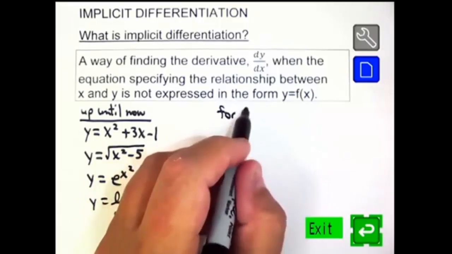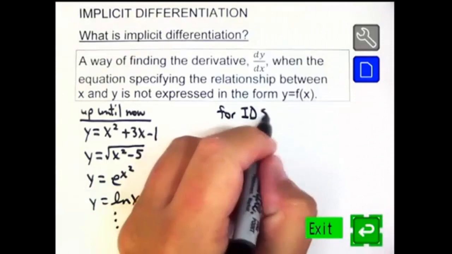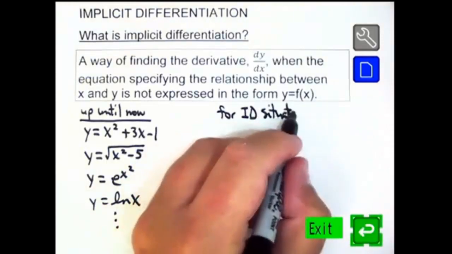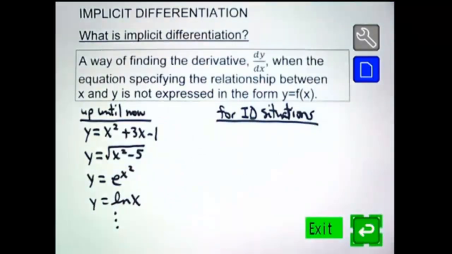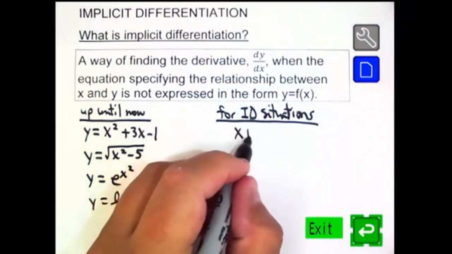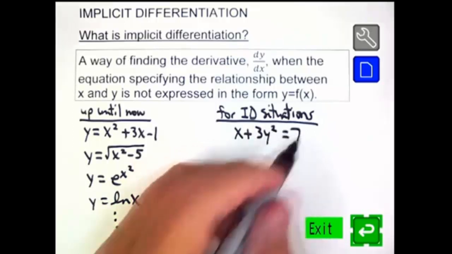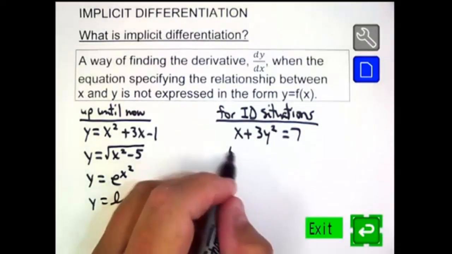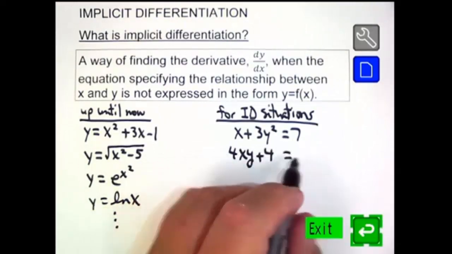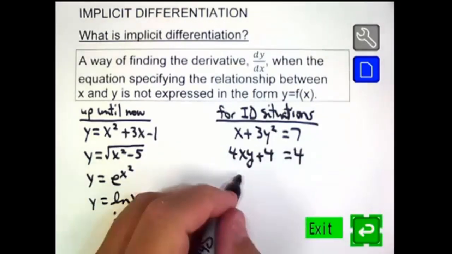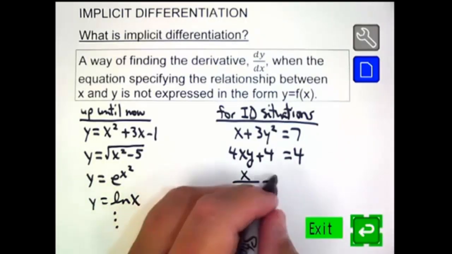But for implicit differentiation, I'll call it ID, here are situations where implicit differentiation would be appropriate. You might have an equation like x plus 3y squared equals 7, or maybe 4xy plus 4 is equal to 4, x over the square root of y minus 1 is equal to 0.